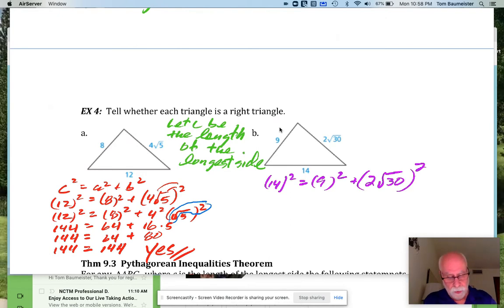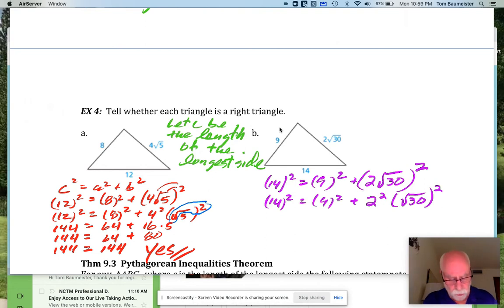Okay, so 14 squared is equal to 9 squared plus, just like I did on the other one, 2 squared and the square root of 30 squared.